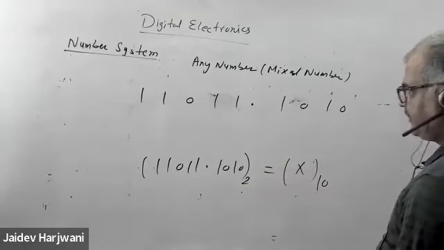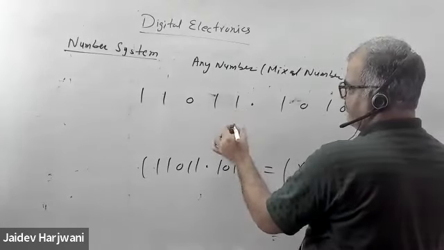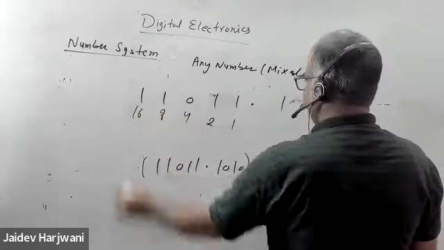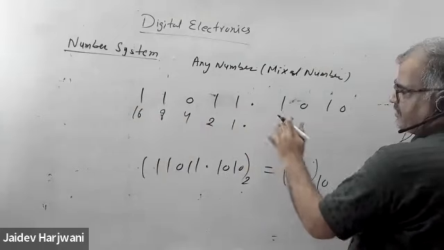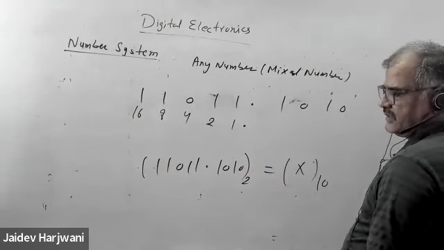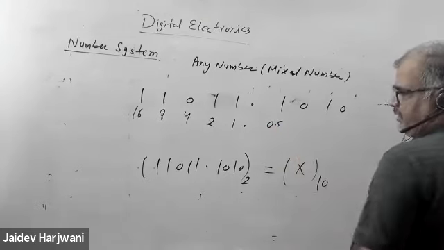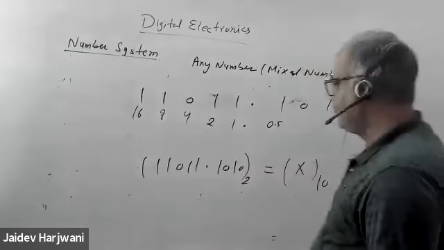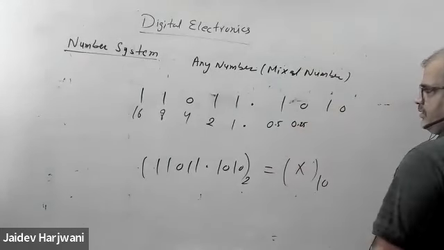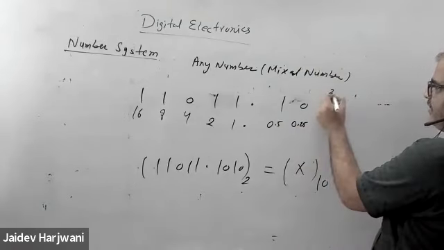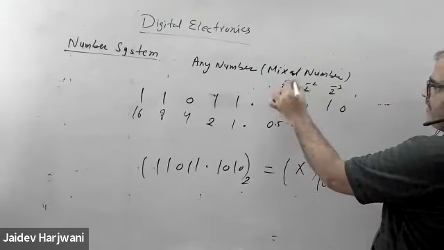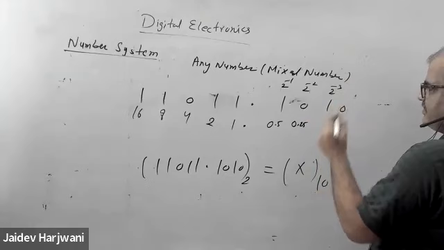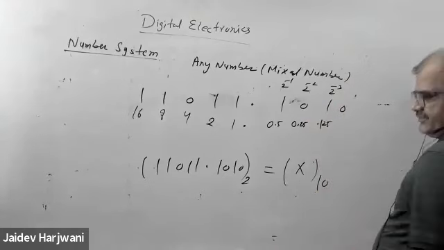The method is the same. Here the weights start with 1, then 2, 4, 8, 16. Similarly for the fractional part, what is the weight? 2 power minus 1, that is 0.5. Then 2 power minus 2 means 1 by 4, that is 0.25. Then 2 power minus 3 is 1 by 8, that is 0.125.